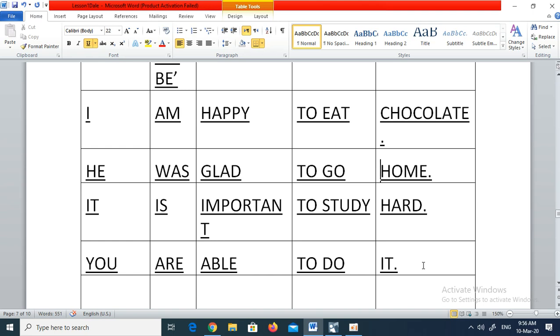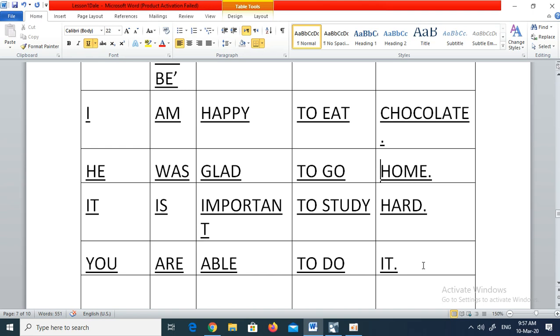If you need to make this construction yourself at any stage, break it down into these 5 boxes. Start with the subject, then use the verb to be, whether you are using am, is, was, were, or whatever form of the verb to be, that comes in the second section.